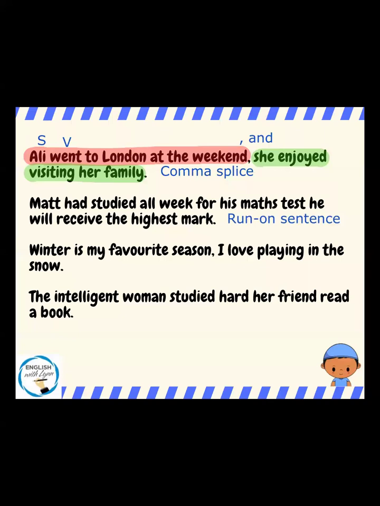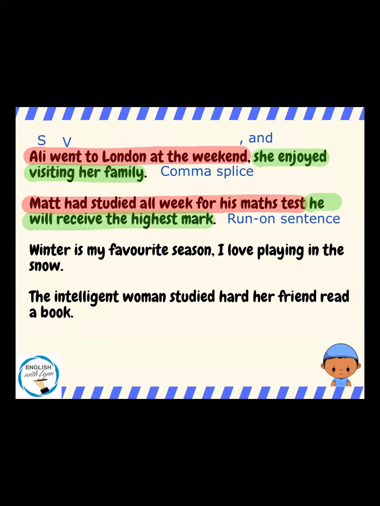So the first one, it's about Matt. Matt had studied all week for his maths test, is the first bit. And my second main clause, he will receive the highest mark, hopefully. So that is my second main clause.